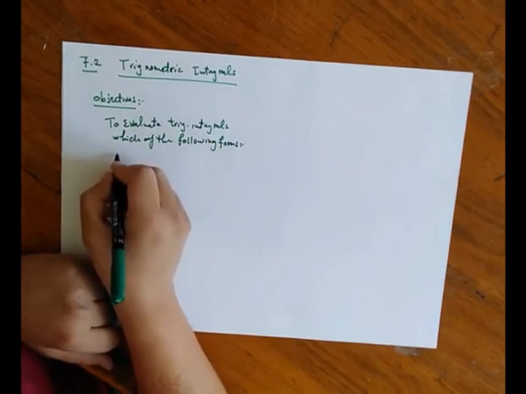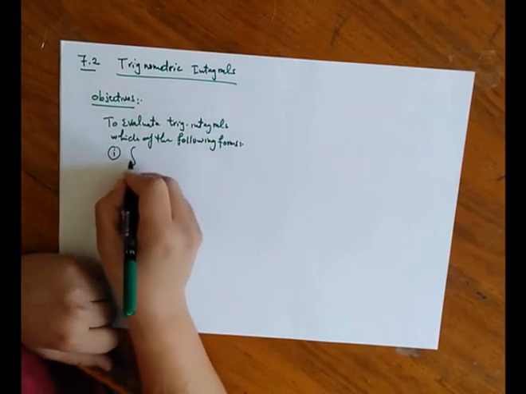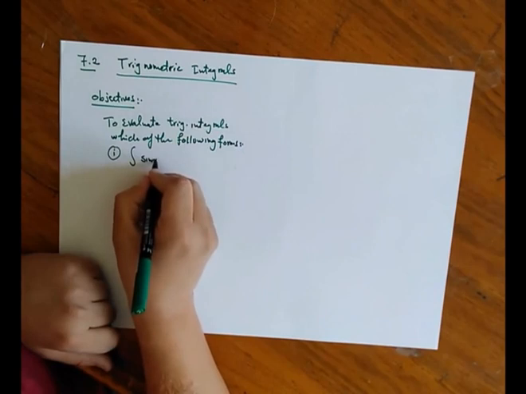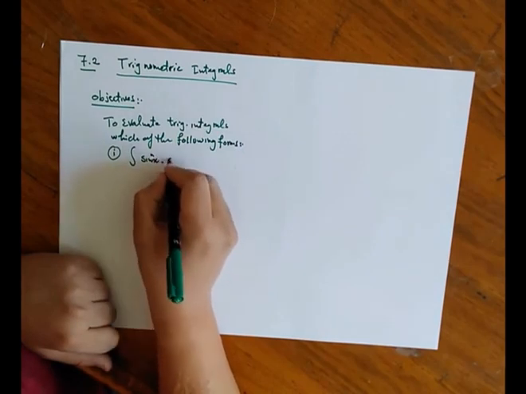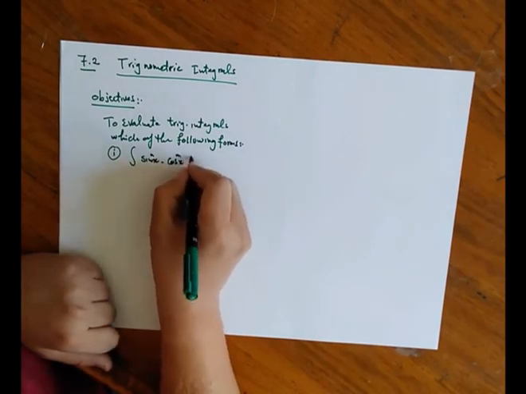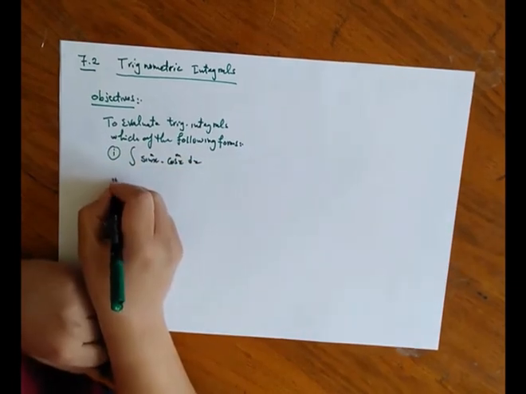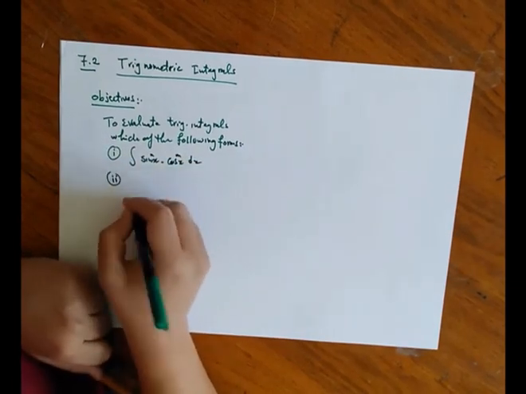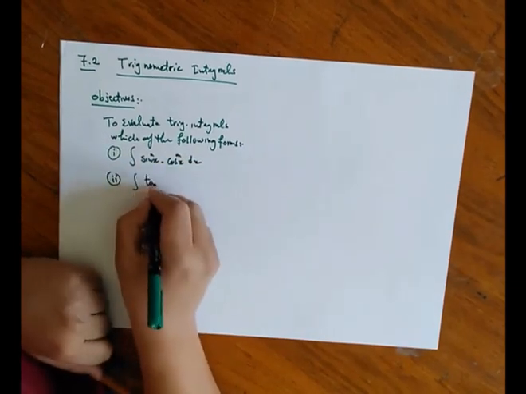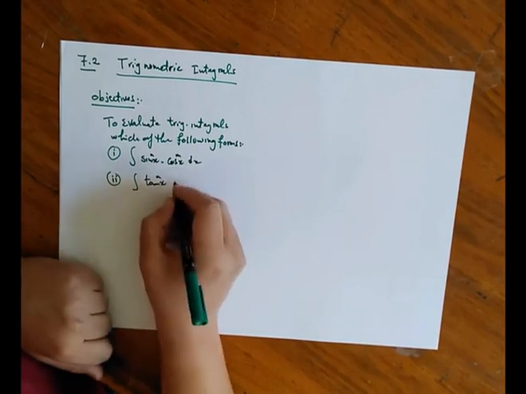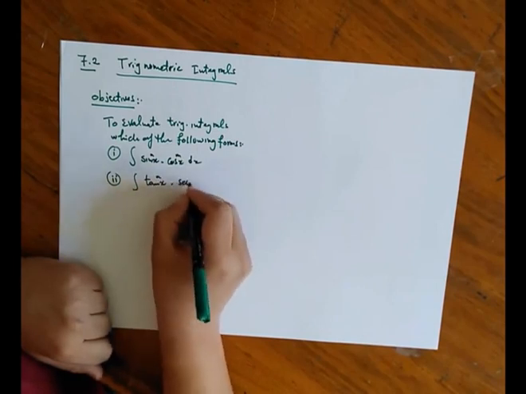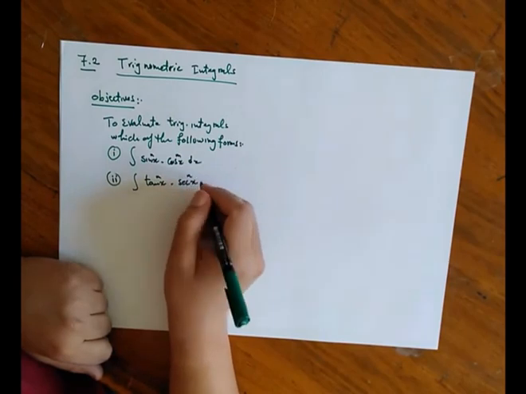So the first kind is the integral of sine x to the power n times cosine x to the power m with respect to x. And the second one is the integral of tangent raised to the power m times secant raised to the power n.